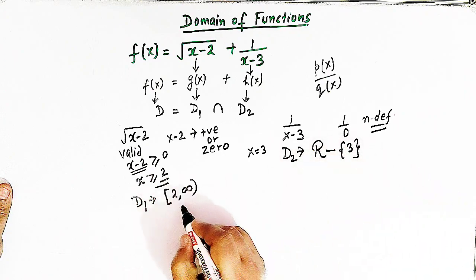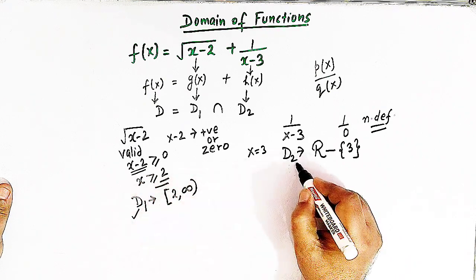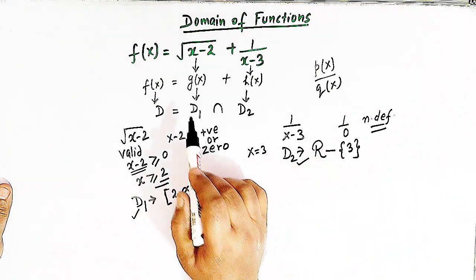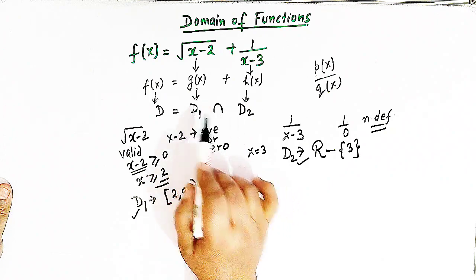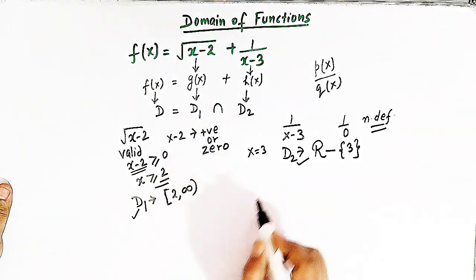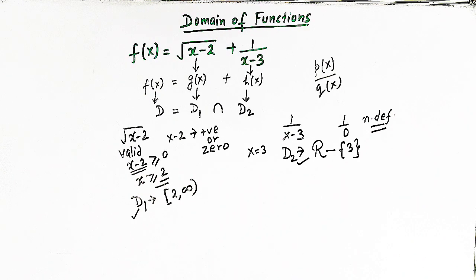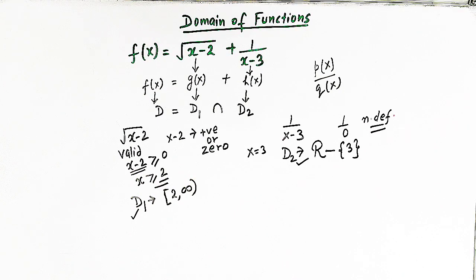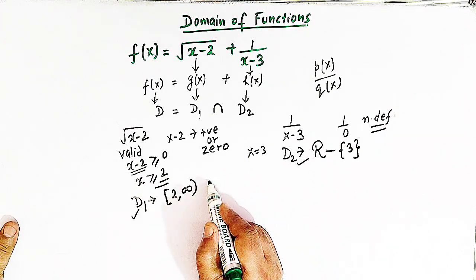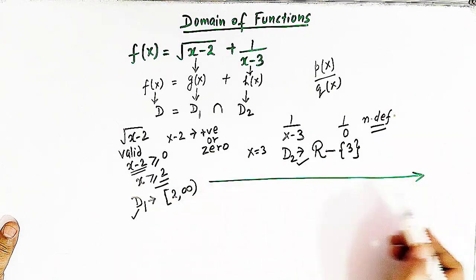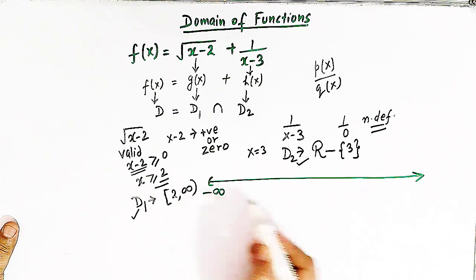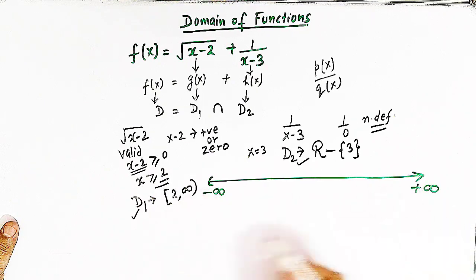So now we have obtained the domains d1 and d2. Let us find the intersection of d1 and d2 using the real number line. Here we have the real number line, with minus infinity and plus infinity.